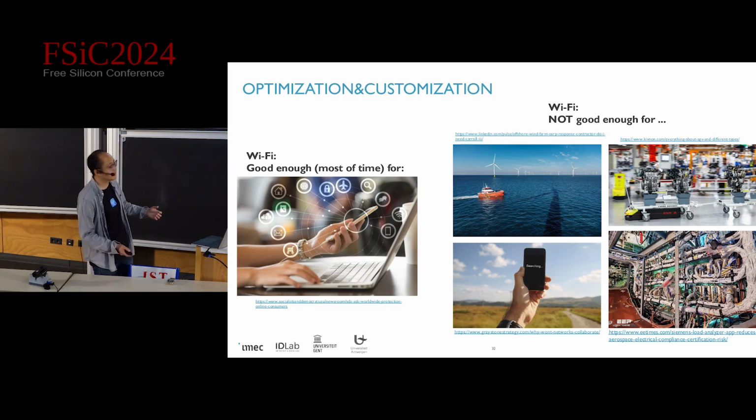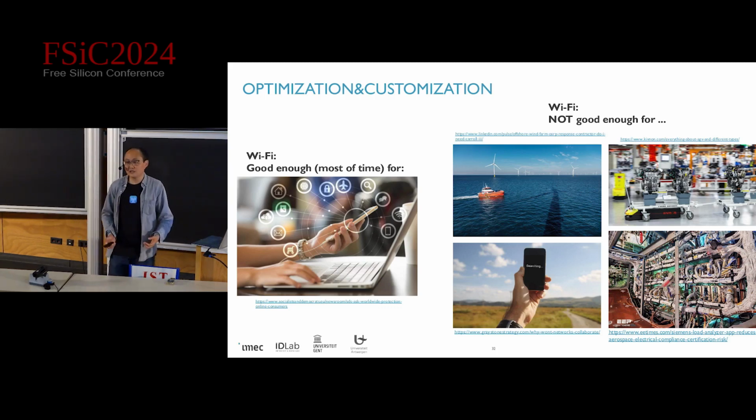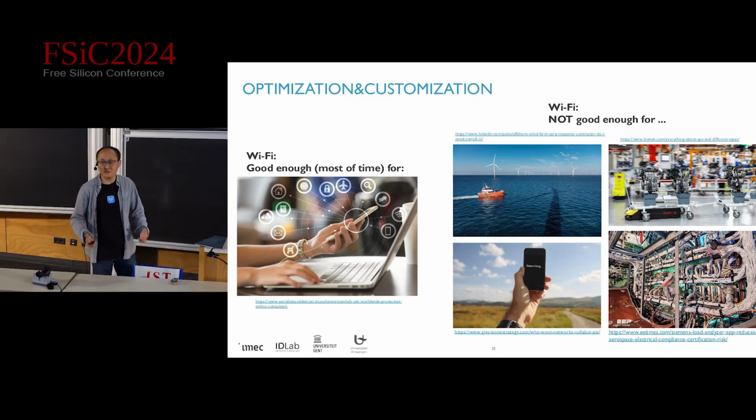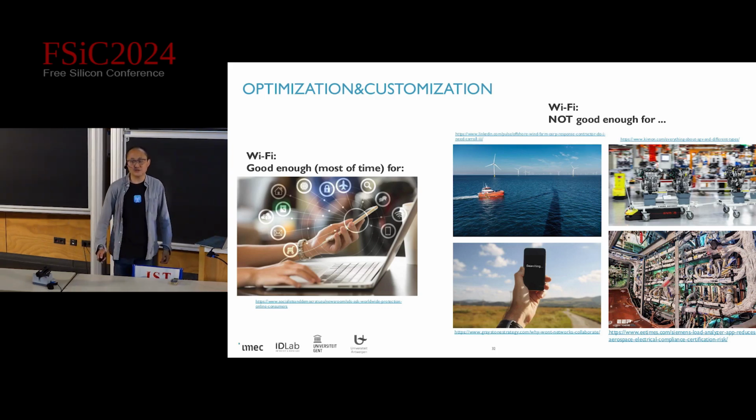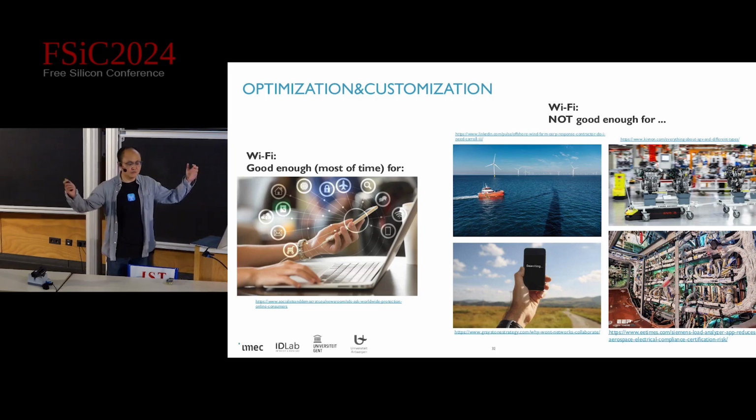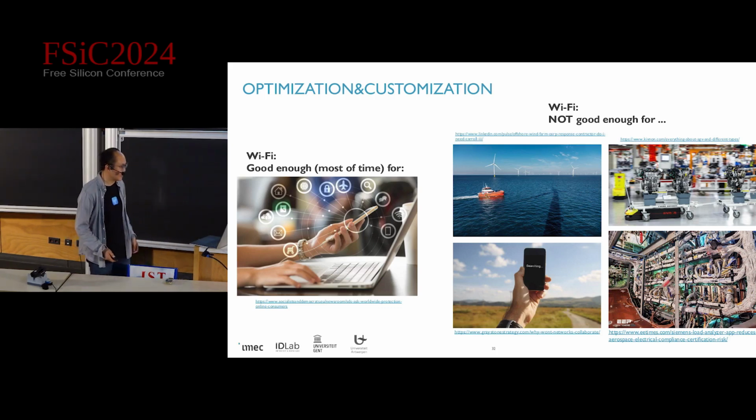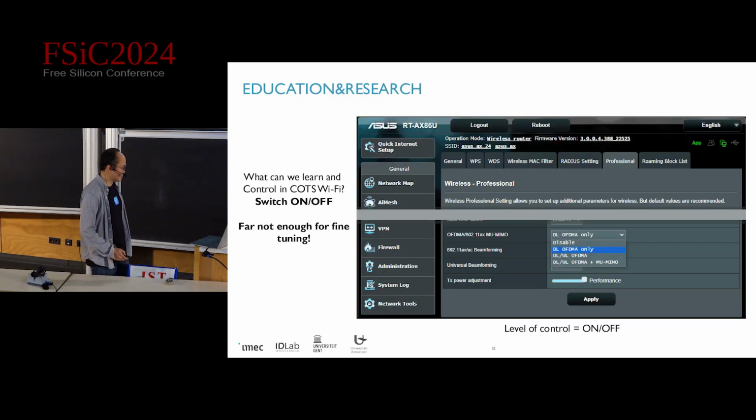But with commercial Wi-Fi, it's not doable, right? Because a commercial Wi-Fi chip has many knobs, but you can't tune them unless you have lots of money to buy a design and do it by yourself.